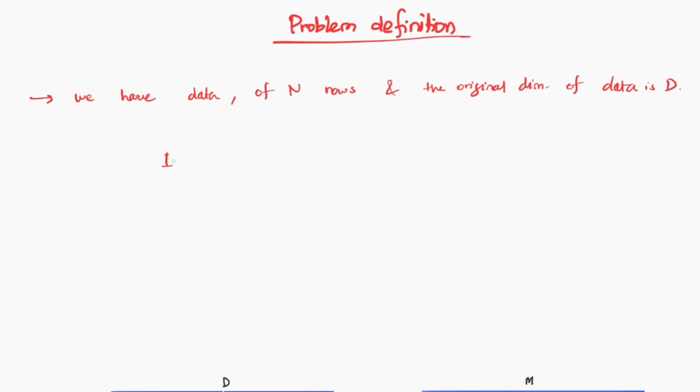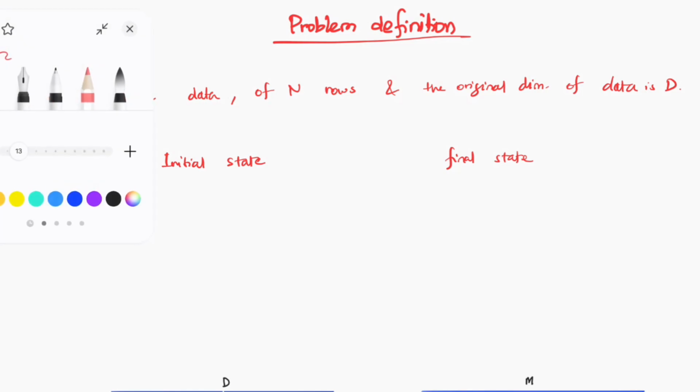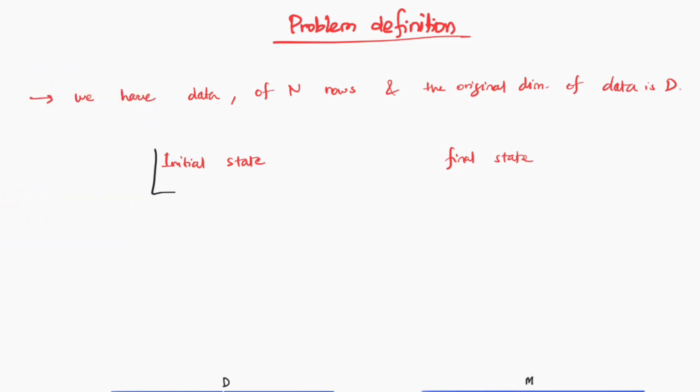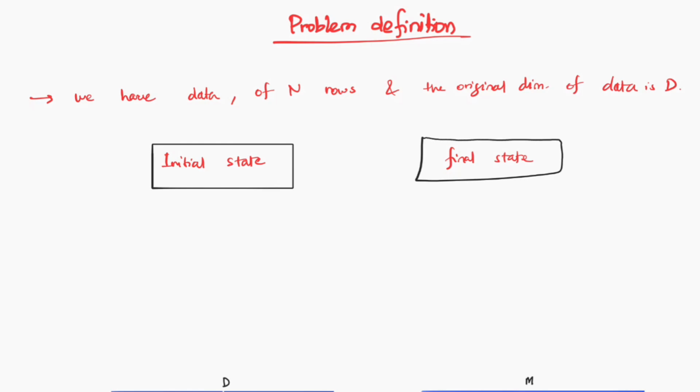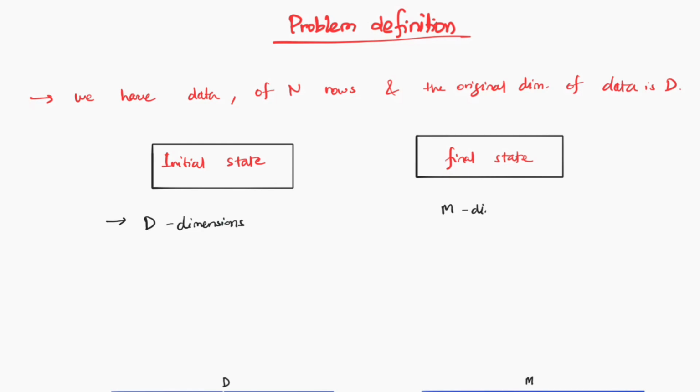So I will write the initial state of data and then the final state of data. This is the given one, and then what we want to achieve using PCA. Initially we have d dimensions, and we want to achieve m dimensions. And note that this m is going to be less than or equal to d.